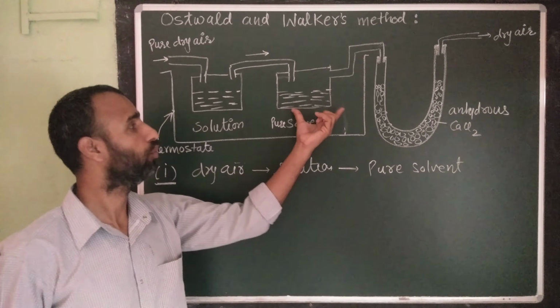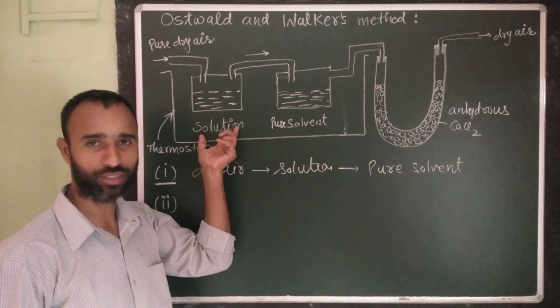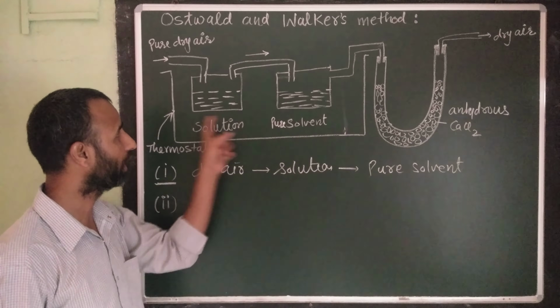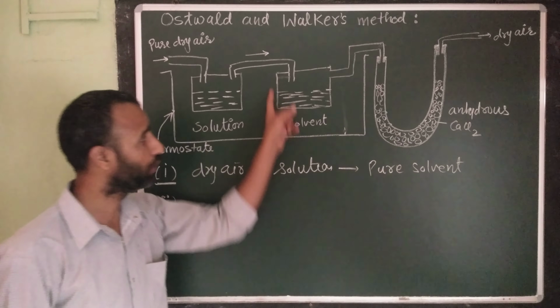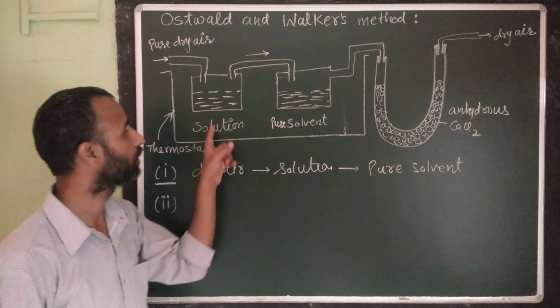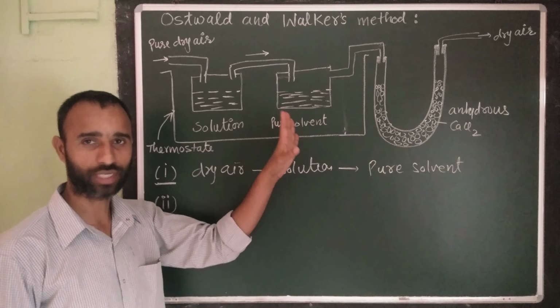Now these two beakers, or we can say bulbs, first contain solution. This weight is known to us. We have known weight of solution and known weight of pure solvent, right?